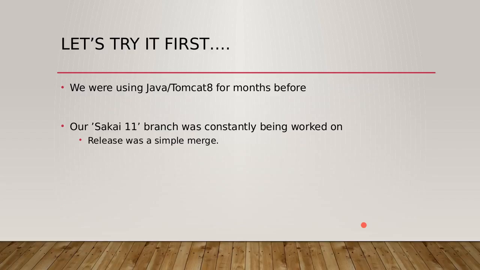So before we even got to the upgrade, the way we approached this upgrade was we already upgraded our test and dev servers to Java and Tomcat 8 for the entire QA process. We use a fork of MySQL called MariaDB, and we upgraded that to the most recent version.